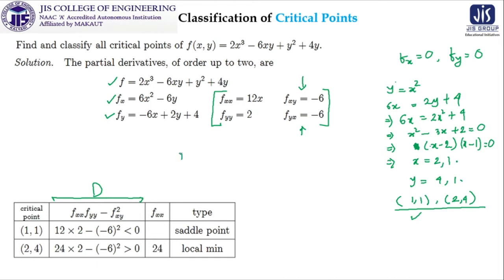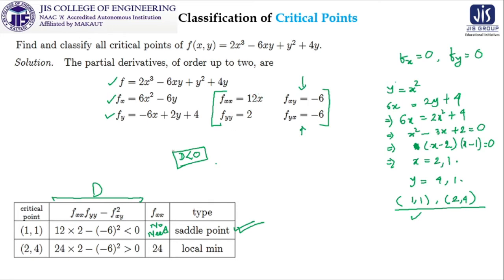If you recall, if D is less than 0, we don't go to check fxx or fyy; there is no need to check. As we get D less than 0, our conclusion is that this critical point is a saddle point.